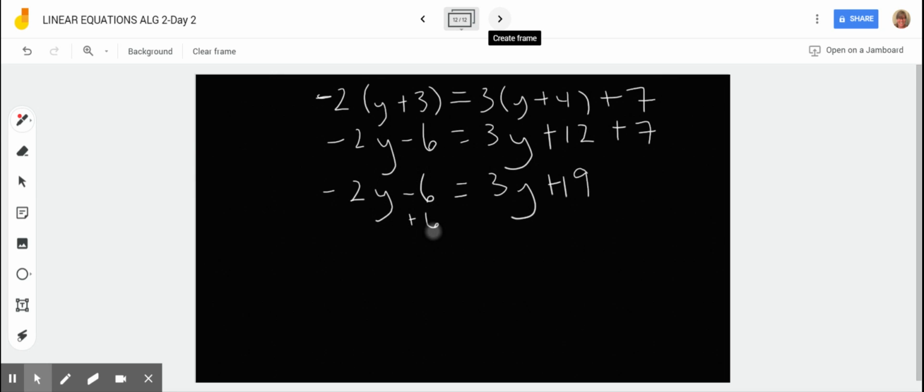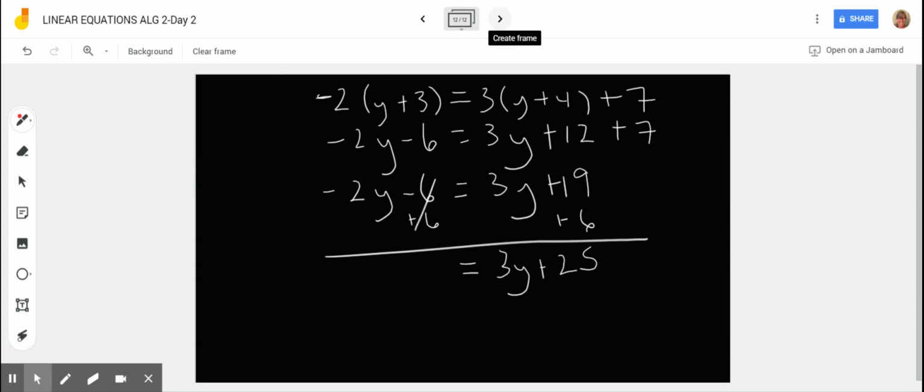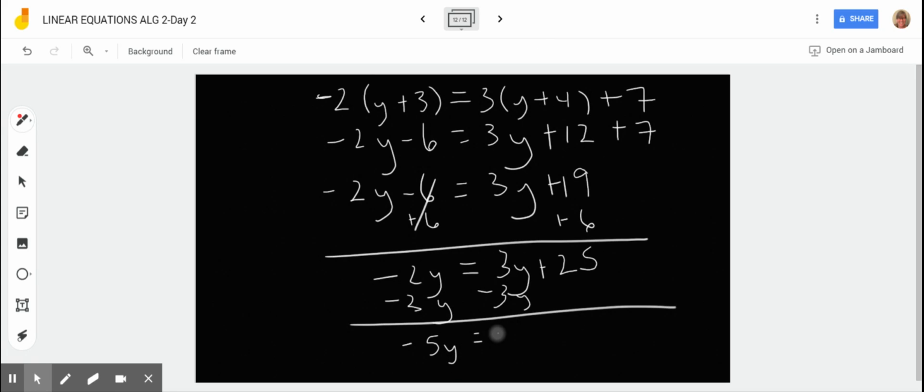Add 6 to both sides, and you get 25. 3y plus 25. -2y, subtract 3y. You get -5y equals 25. So therefore, y is equal to -5, because -5 times -5 is positive 25.